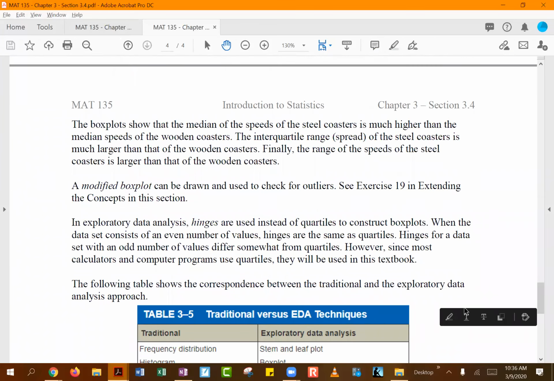So again, as I tell you guys always, make sure you are reading the handout or the textbook, one or the other, because there's so much information that I have on this that I really can't read all of them. So make sure you read that.